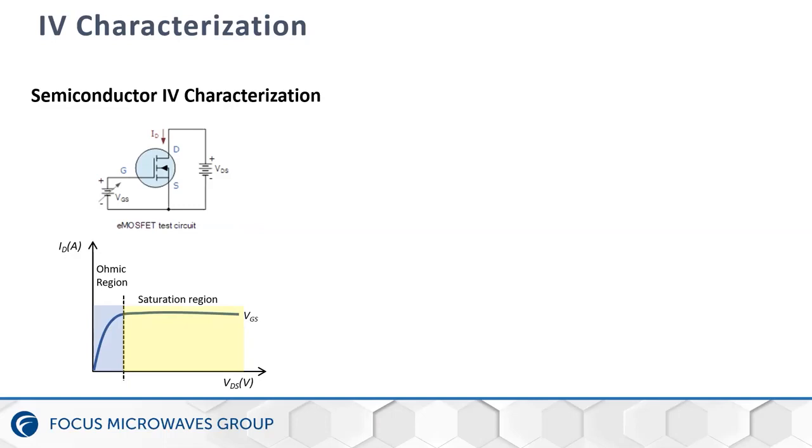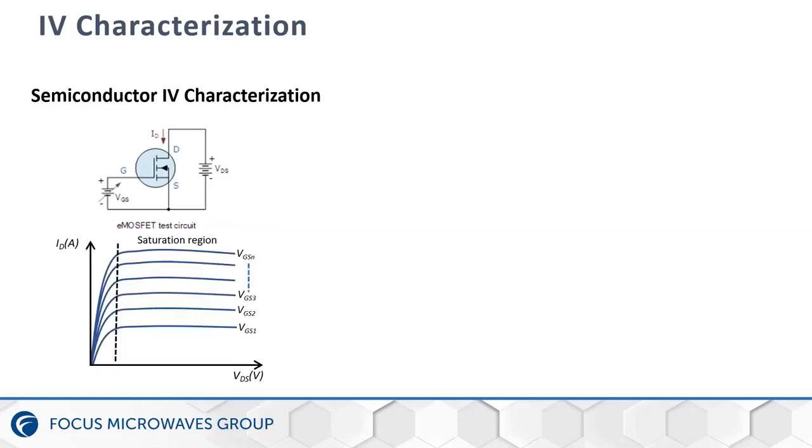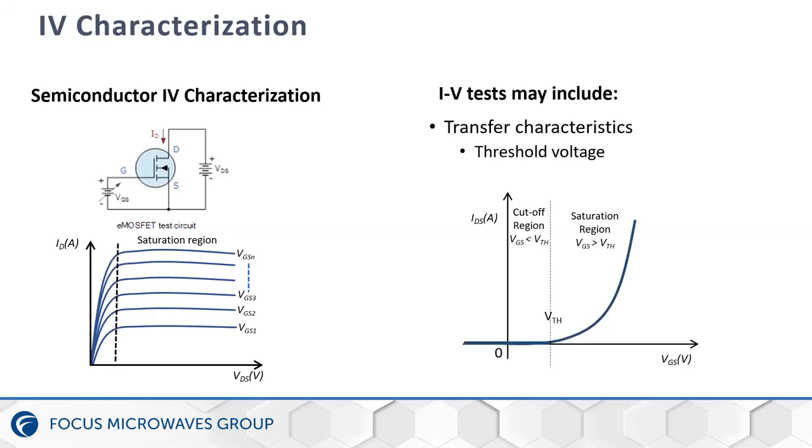This region is called the saturation region. For typical IV measurements, this measurement is repeated for multiple gate voltages, and we have the final IV characteristics of that device. Other IV tests may also include transfer characteristic measurements, which is the relationship between the gate-source voltage and the drain current, where VDS is kept constant.